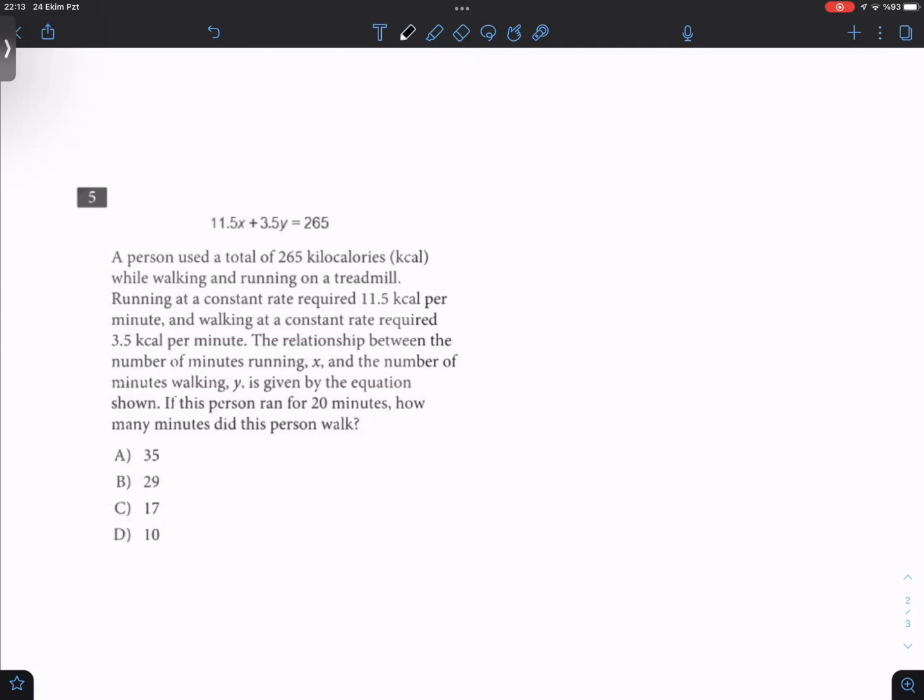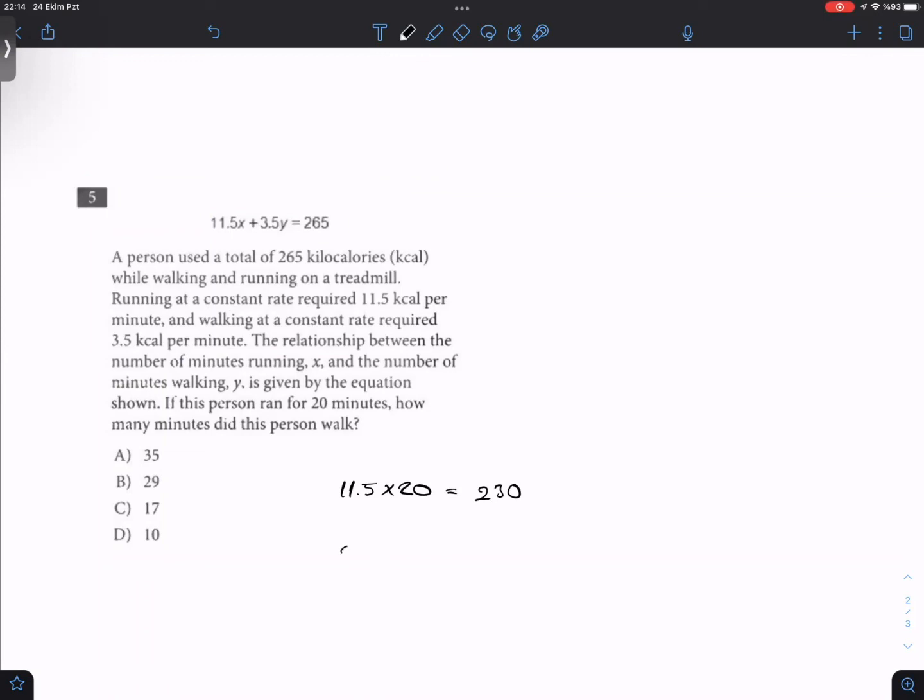This is really easy since the question gives us the coefficient of running in terms of calories. So we just multiply 11.5 by 20, which is 230, I think. Let me check. Yeah, this is 230.